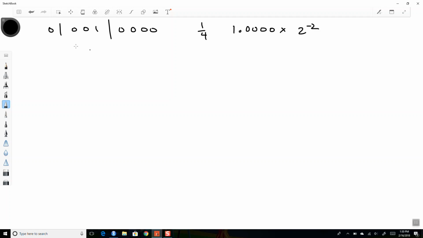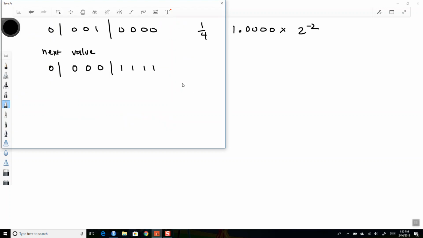And then let's say we're counting down. So what's the next value if we are counting down? If we are counting down binary, we would decrease the exponent, and then this would all become 1s.